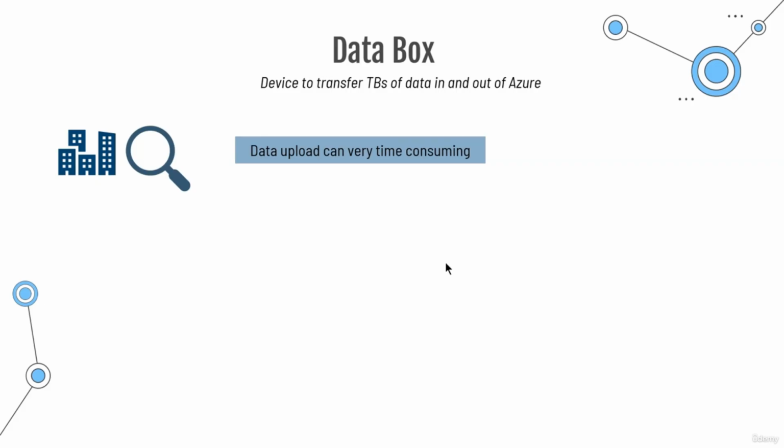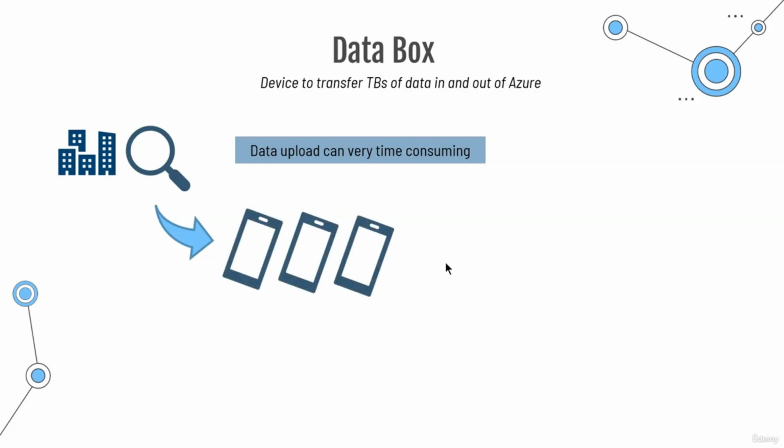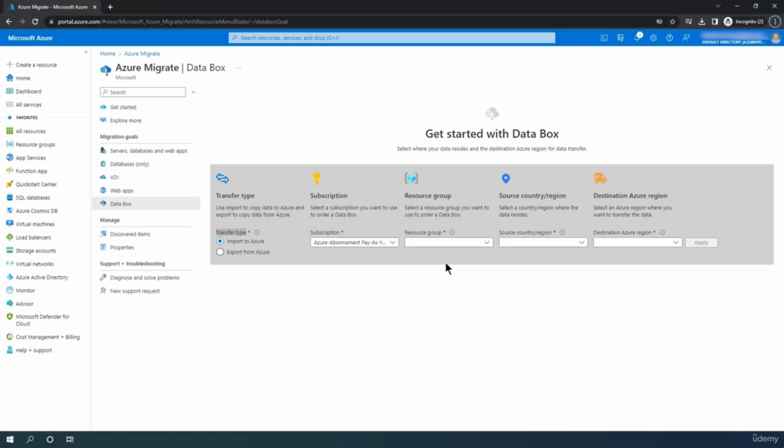Sometimes this can take up to multiple days, and this is not a very reliable and not a very fast way of doing this. The alternative to this in such situations would be to just order this Data Box, which is just a physical device that can be ordered via the Azure portal. We can just find this in the service Azure Migrate, where we can just fill out all of the required information, such as the shipping address, and then this will be all checked.